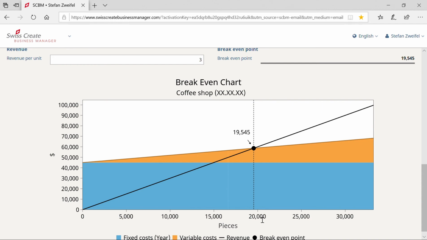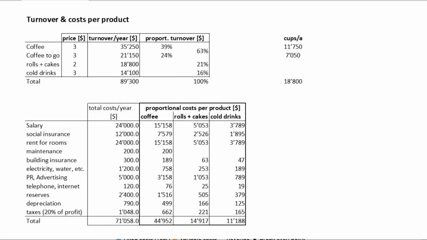And now? Yes, now what? This is only the first step. What is the second step? Back to my fixed cost calculation. How many cups does my profit and loss calculation include? Let's calculate the annual turnover divided by the price.